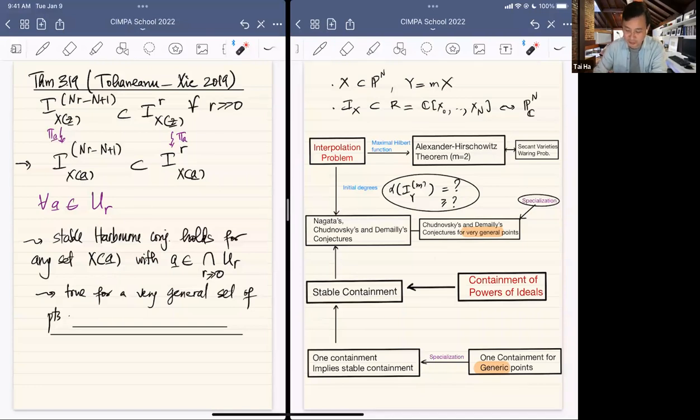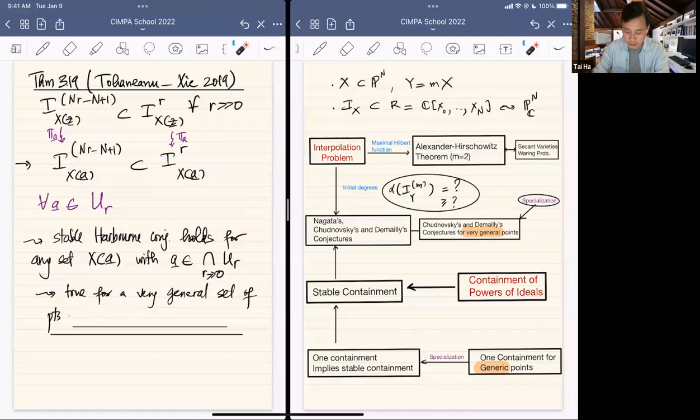So I guess for my last lecture, let me start by giving you a quick summary of what I've been looking at, and hopefully it will give you a better picture of what I've been talking about. The main focus of my talk was on two problems. One is the interpolation problem.